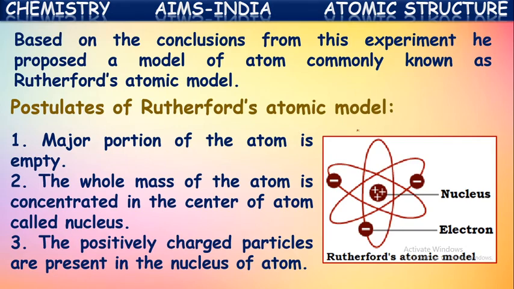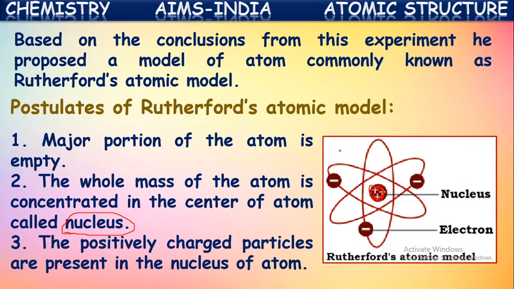So suppose if we consider this as an atom, the total mass is concentrated at the center. He called the center part a nucleus. The term nucleus was first used by him for the center part of the atom. Okay, total mass of the atom is concentrated at the center part of the atom, called the nucleus.